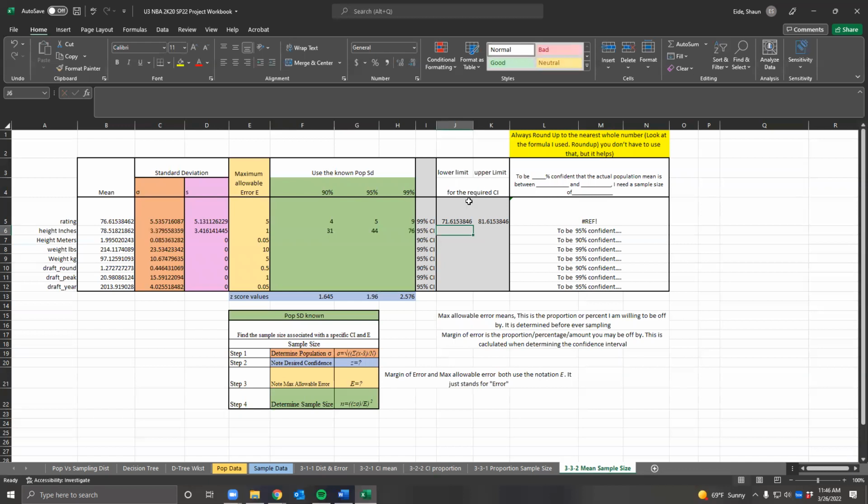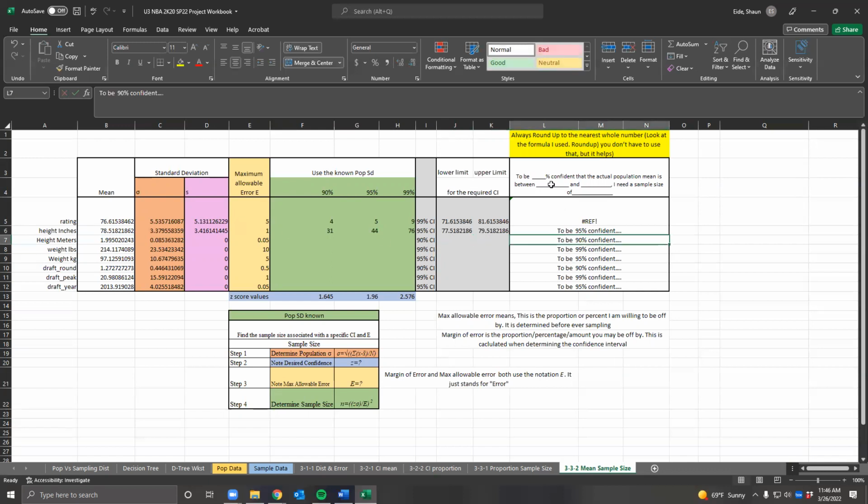For the lower limit and upper limit, what we're going to do is equals the mean minus the maximum allowable error, and then equals the mean plus the maximum allowable error.